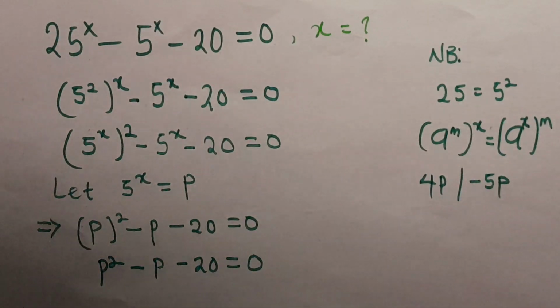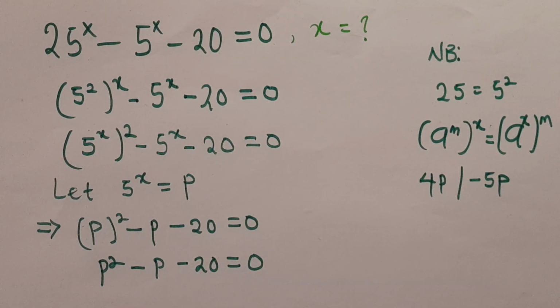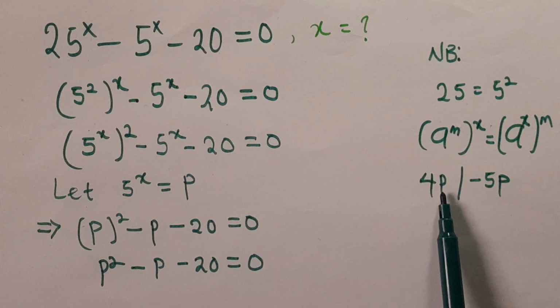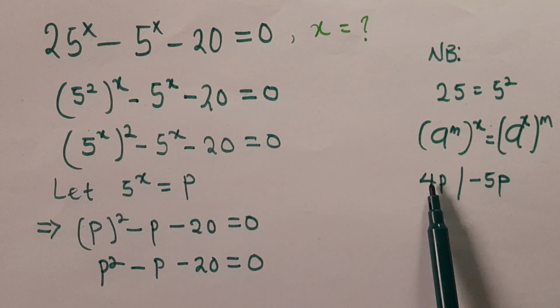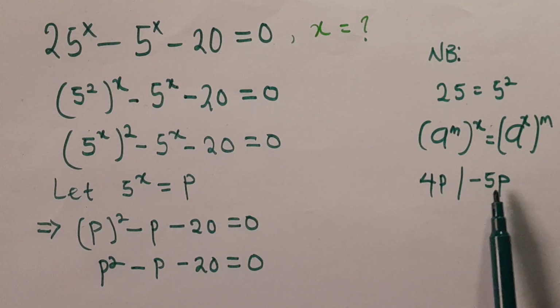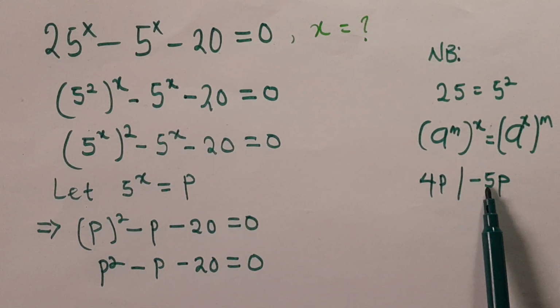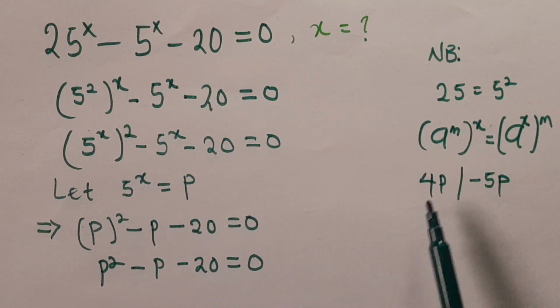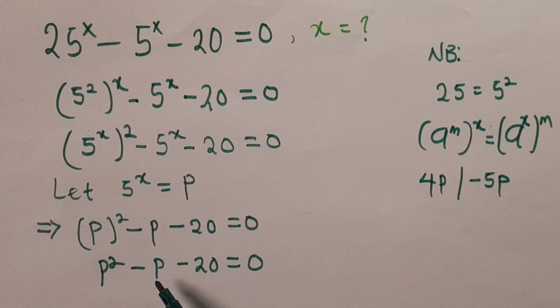When we multiply 4p by minus 5p, multiplying 4 by minus 5 gives us minus 20. When we add them together, 4p minus 5p, it gives us minus p.